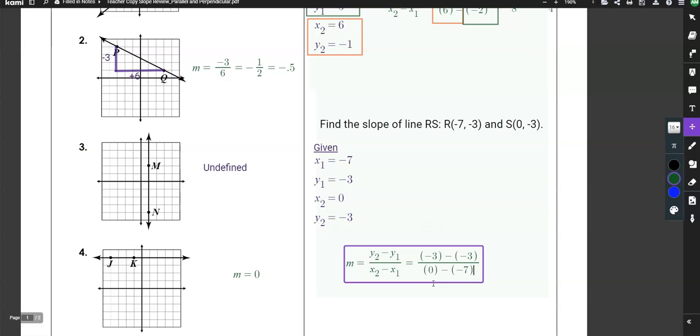And because -3 minus -3 is 0, we get 0 divided by 7, and therefore the slope of this line is 0. And we can see that they have the same y value, so really we didn't have to do any math. If they have the same y value, the slope will always be 0.